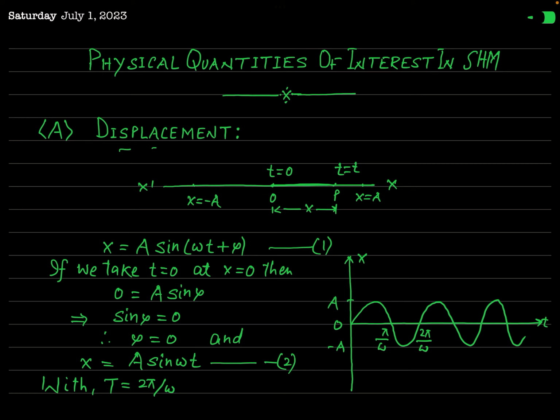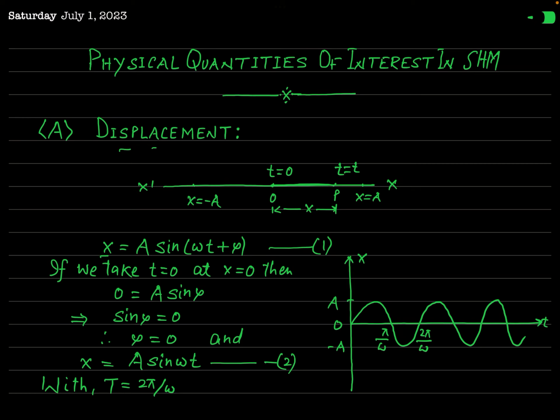And you have seen in the solution of the equation of simple harmonic motion that the motion can be represented in terms of the sine function or cosine function defined by this equation, x equal to a sine of omega t plus phi.